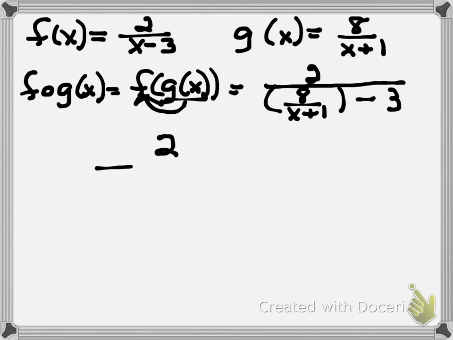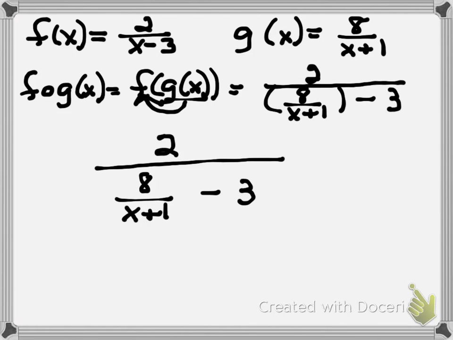Now, in this fraction, let's rewrite it down here so I have a little bit more room. I want to get rid of the fraction within a fraction, and this is a problem that you had on the last quiz. In order to get rid of the fraction within a fraction, I need to look at all denominators of the fractions within a fraction. And we have a denominator of x plus 1.